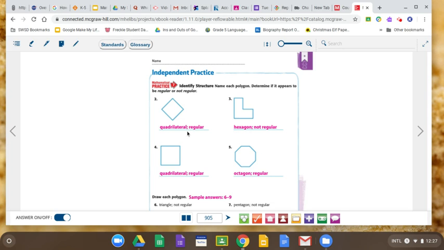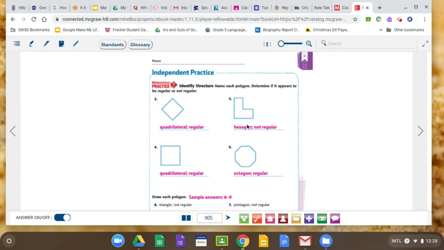So when you answer this on Google Forms, it has to be pretty exact for it to be considered correct, but as you know in the past, if it's not counted correctly, I always go back and check it and change your score if it marks it wrong and it's correct. But I would write the name of the polygon for your Google Form, put a space, you don't need this semicolon, put a space, and then write whether it's regular or not regular.